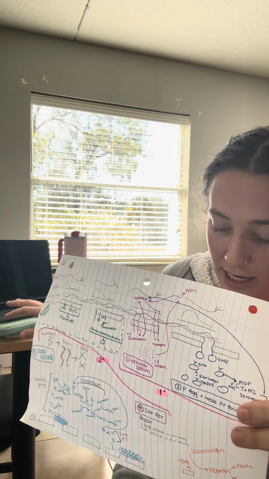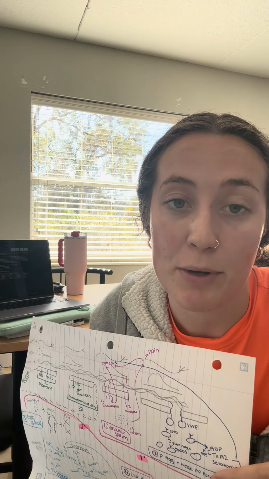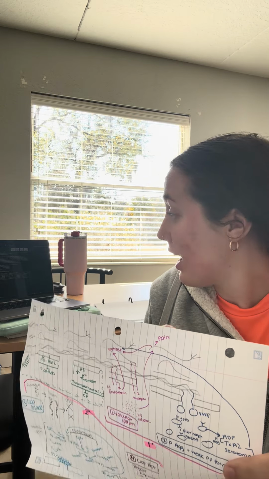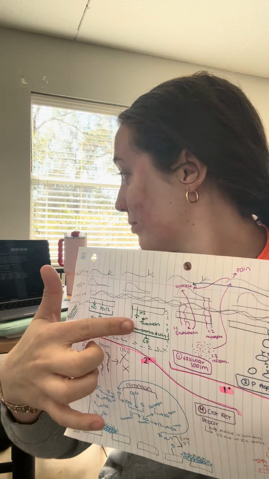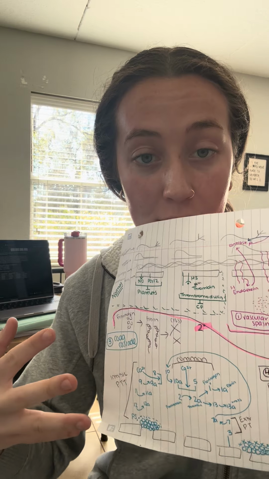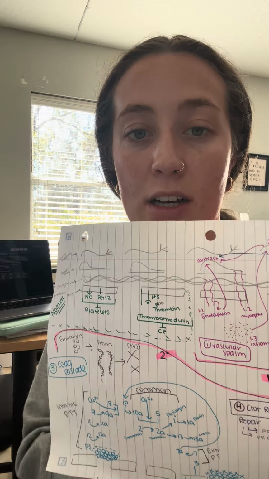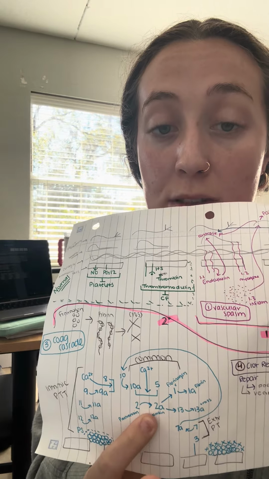The last one is Pradaxa, which is a factor II inhibitor. So, unlike blood thinners, which we saw up here enhance the antithrombin activity and affected all clotting factors, Pradaxa primarily affects clotting factor II, so it's specific.